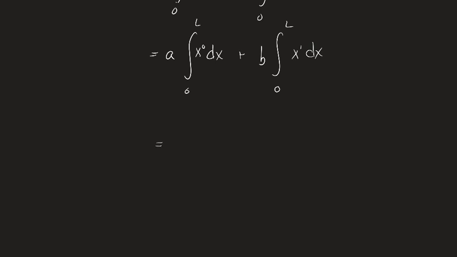I do the thing where I add 1 to the exponent, divide by the new exponent. So this is going to be a x to the 0 plus 1 divided by 0 plus 1, evaluated from 0 to L, plus b times, all right, same thing here, x to the 1 plus 1 divided by 1 plus 1, evaluated from 0 to L.